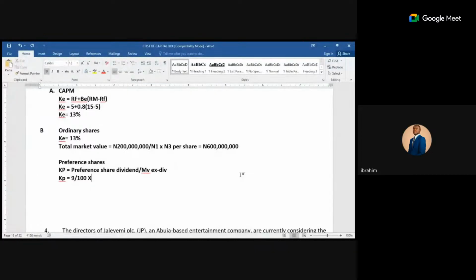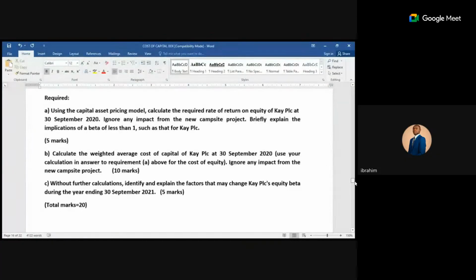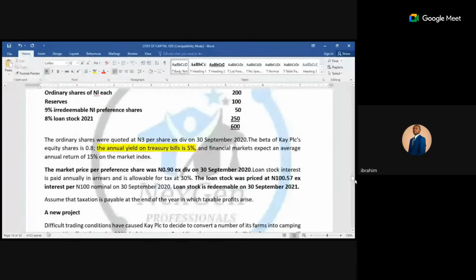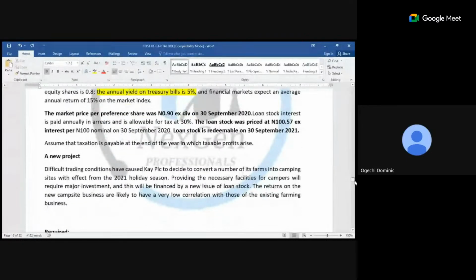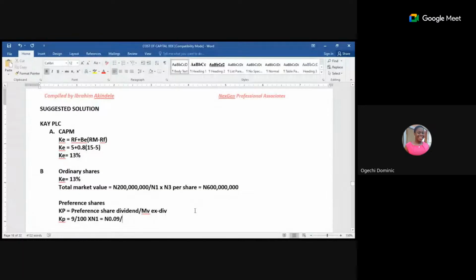For you to get the naira, just say 9 times 1, 9 kobo, divided by 100, 0.09. Class, are we still together? So 0.09 divided by the market value, what is the market value? 0.90. Sir, where did you get the 1 naira from?